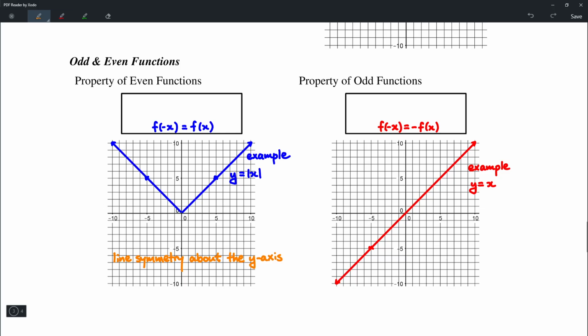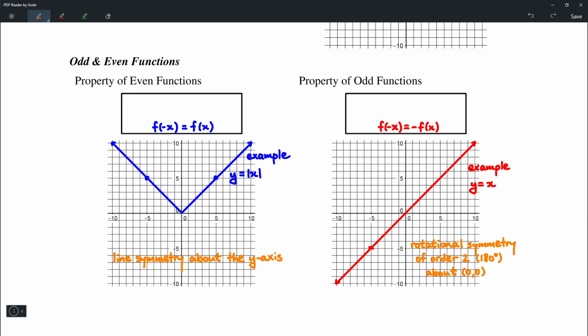So this exhibits rotational symmetry of order 2. And that's 180 degrees. This is about the origin. So that's kind of the definition of odd and even functions and a couple of quick examples.